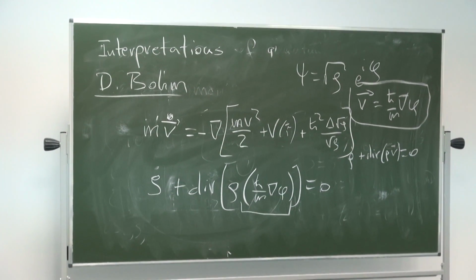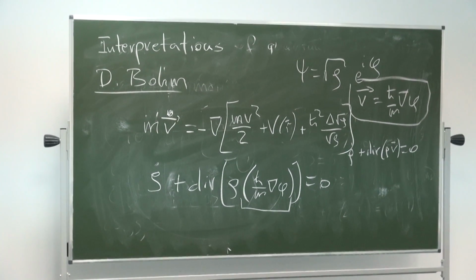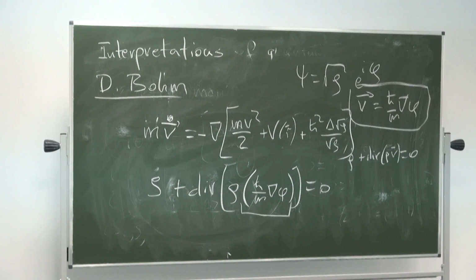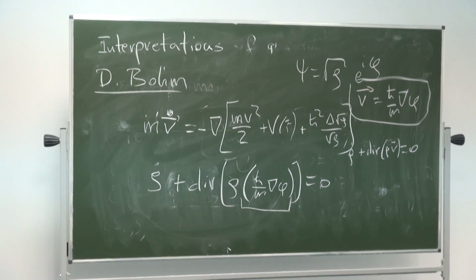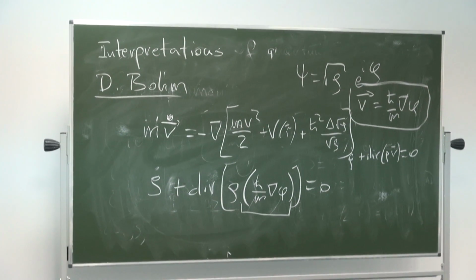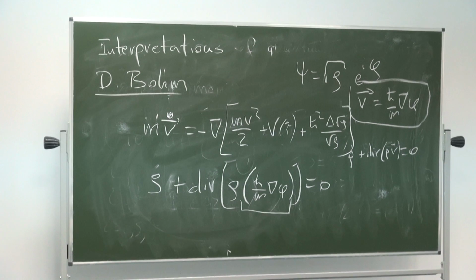But the way it behaves between the source and the screen outside depends on this solution of a quantum problem. This is like a pilot wave, as these guys are calling it, that is telling you how to behave.